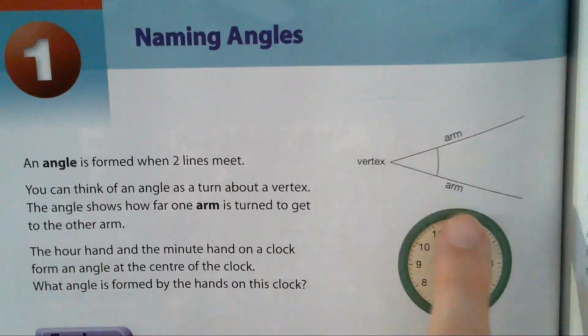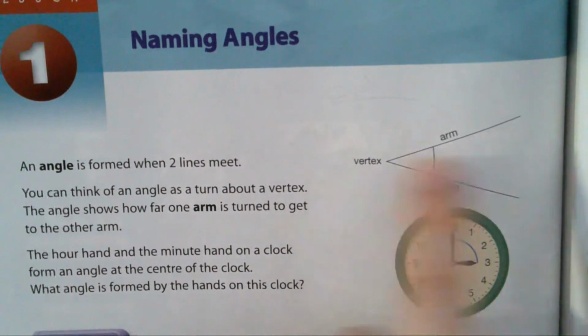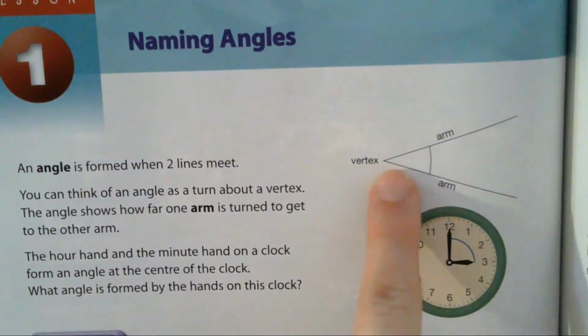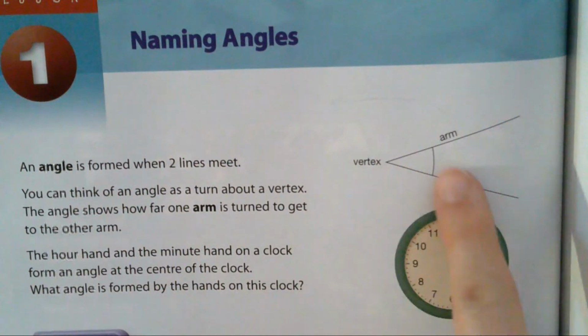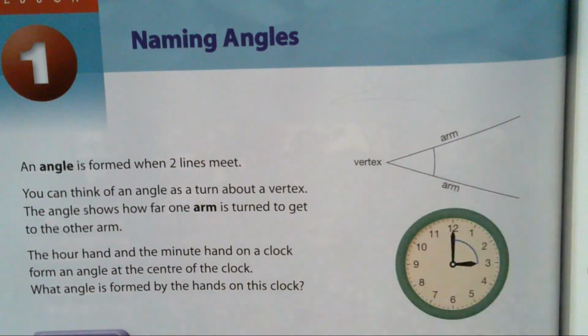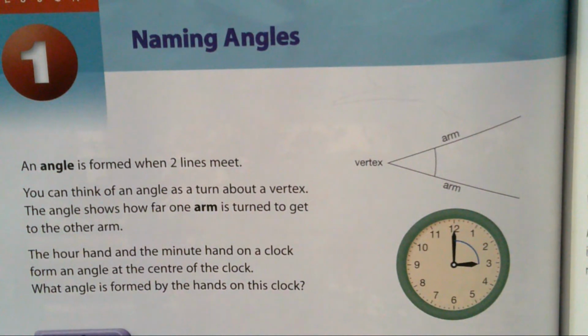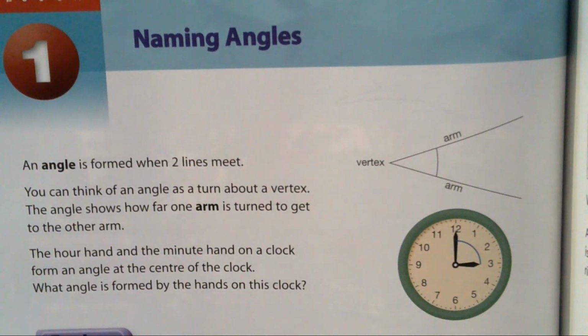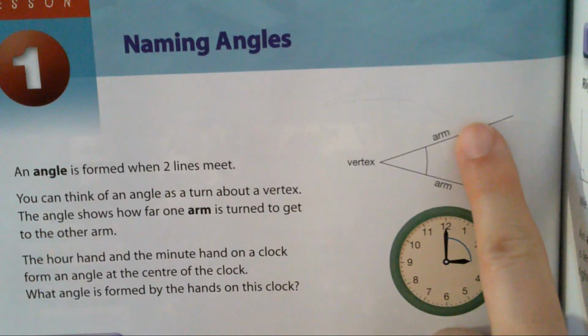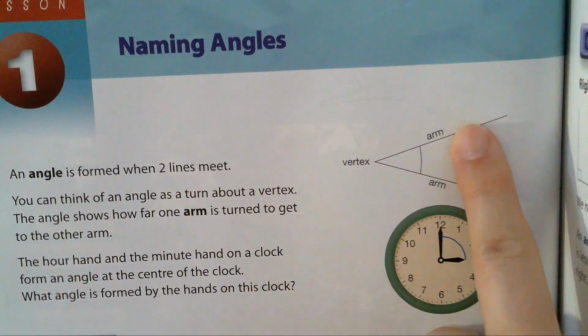So the two lines are meeting to create a vertex, and this line here indicates that this little triangle is your angle. Okay? So you can think of an angle as a turn about a vertex. The angle shows how far one arm is turned to get to the other arm.